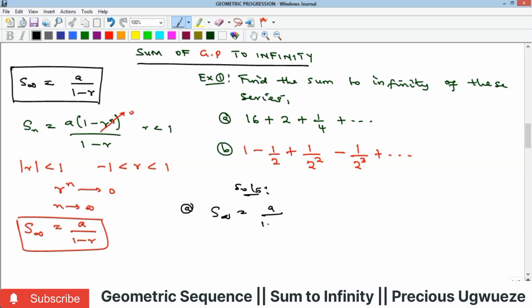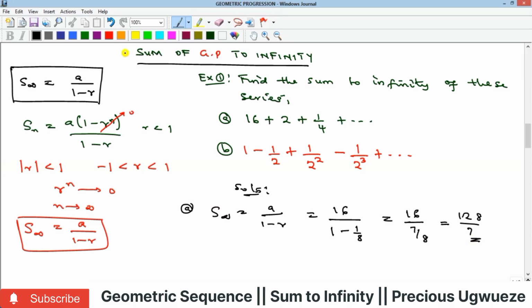Our A in that series is 16, that's the first term, all over 1 minus our R. Remember, your R is a term divided by the previous term, and this is going to give us 1 over 8. If you subtract this, 1 minus 1 over 8 will give you 7 over 8. That's going to give us 128 all over 7. And that is your sum to infinity.